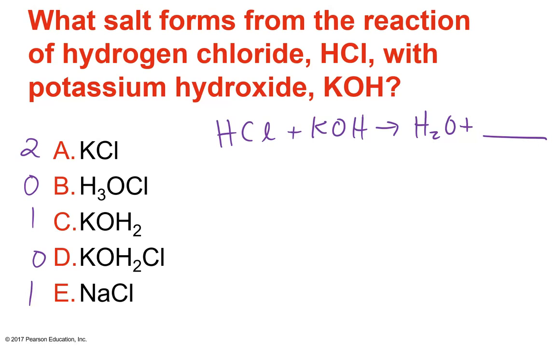So let's start with the obvious. How many sodiums do I have on the left-hand side of this equation? There's 0. So it can't be sodium chloride because there's no sodiums to create sodium chloride.